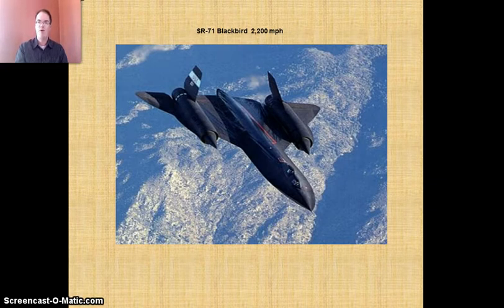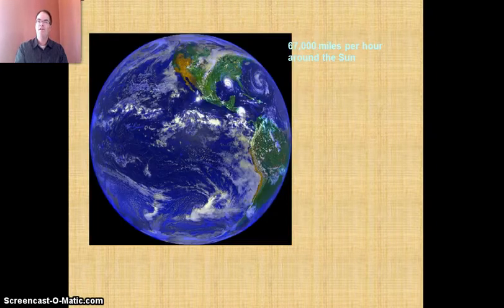That's mind-blowing. And yet, the Earth itself is moving around the sun at 67,000 miles per hour. So you see, when we talk about speed, we have to convey a little bit about what it is that we're measuring that speed relative to.